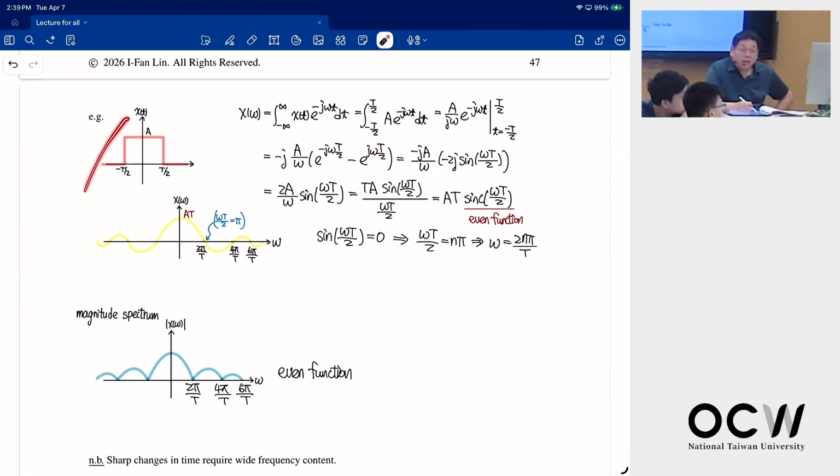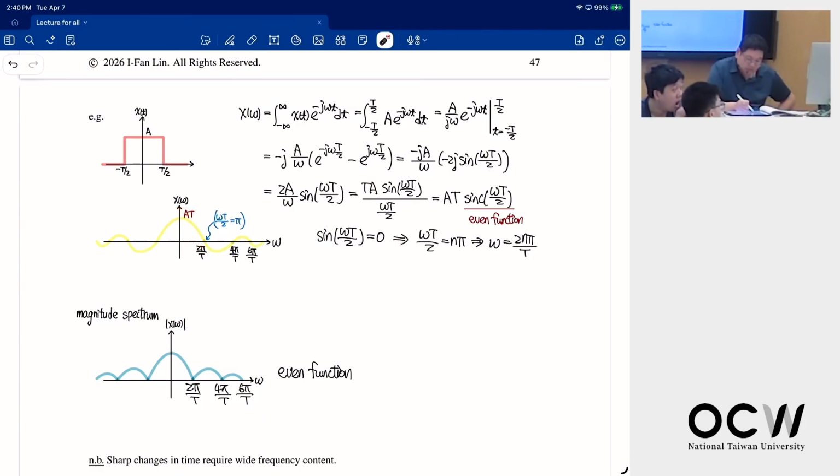Now let's observe this pair, the rectangular pulse and sinc function. When T becomes bigger, the pulse becomes more flat. For the sinc function, when T becomes bigger, this value is small, so it should be more sharp.